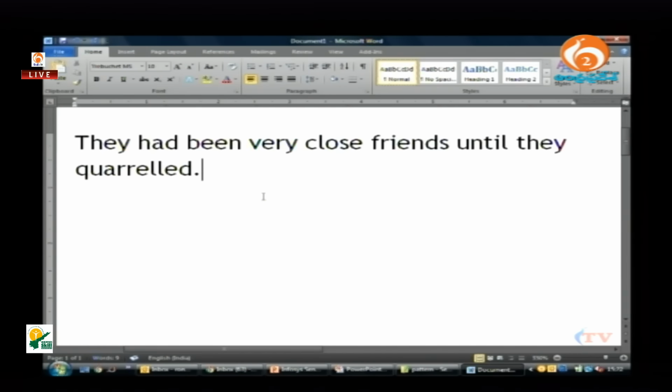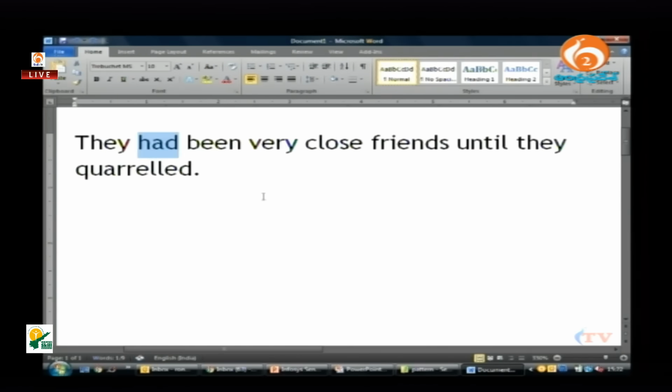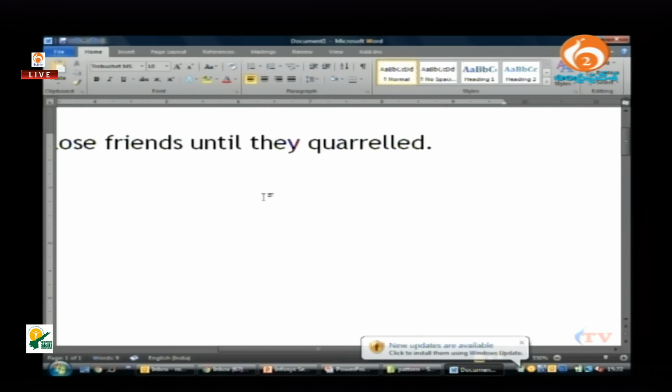Now, when I say until they quarreled, I am talking about what just happened, recent past, and I am stating a situation. So, it should be they have been very close friends until they quarreled, meaning till they fought, they were very good friends. So, they had been has to be replaced with they have been.